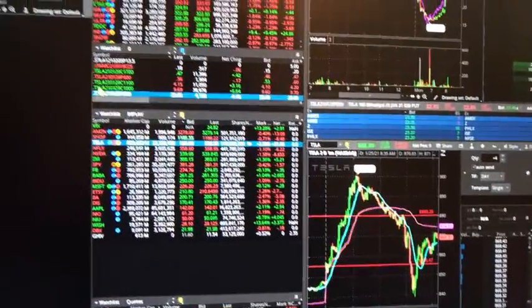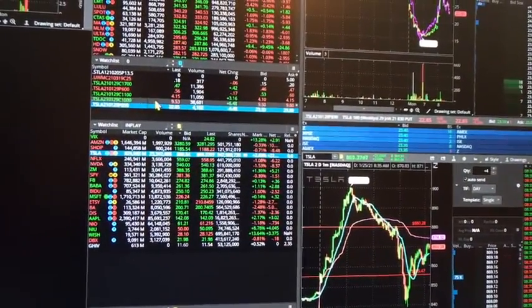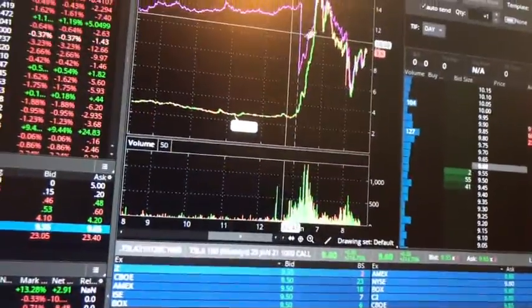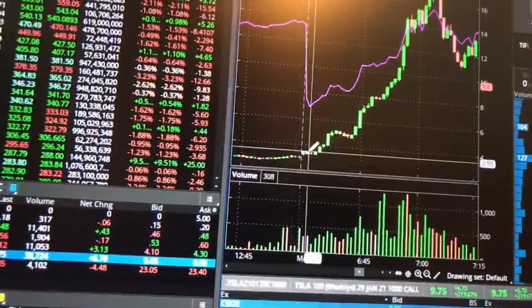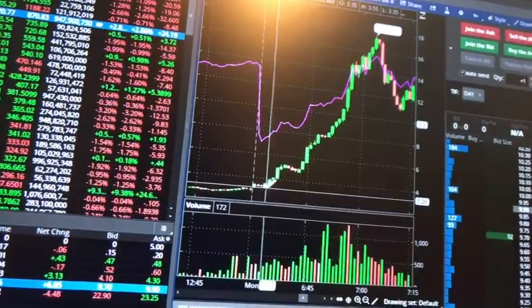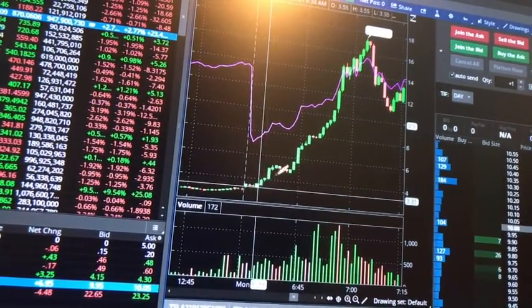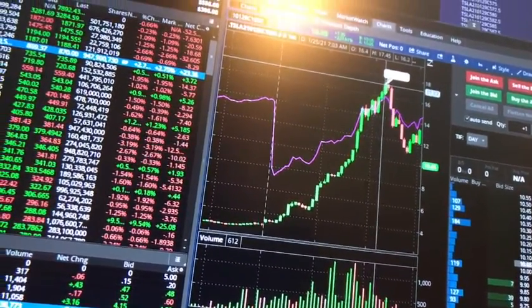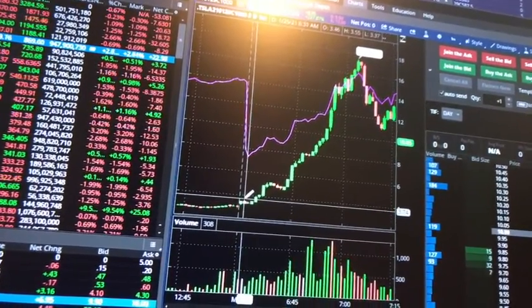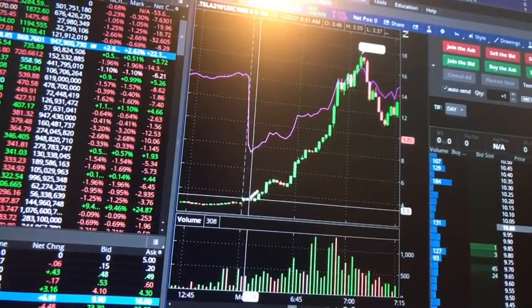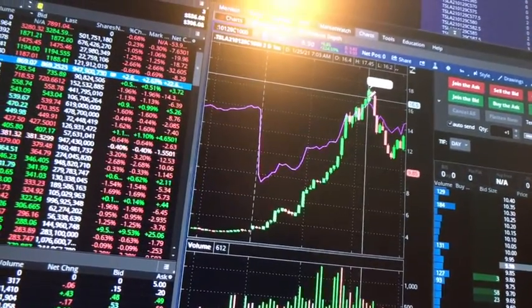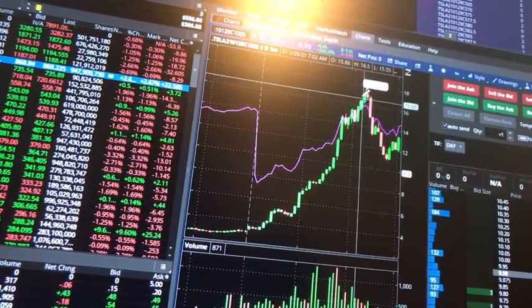But when we look at options, options on the other hand do even crazier moves. Here we have an option that today, just today, went from $3.50 average all the way up to $17. And the way options work is you multiply this times 100. So 3.5 times 100 is $350, and 17 times 100 is $1,700.